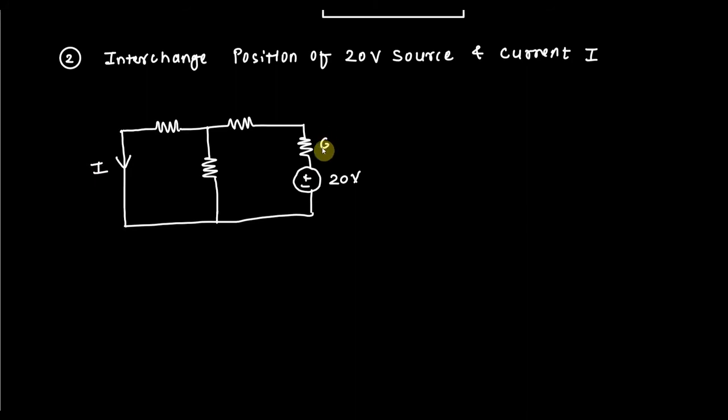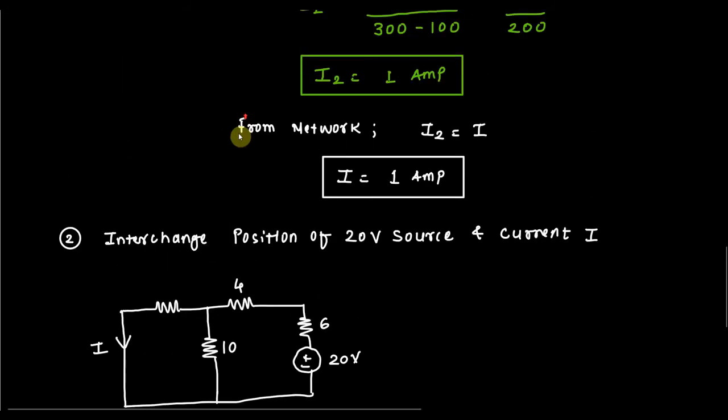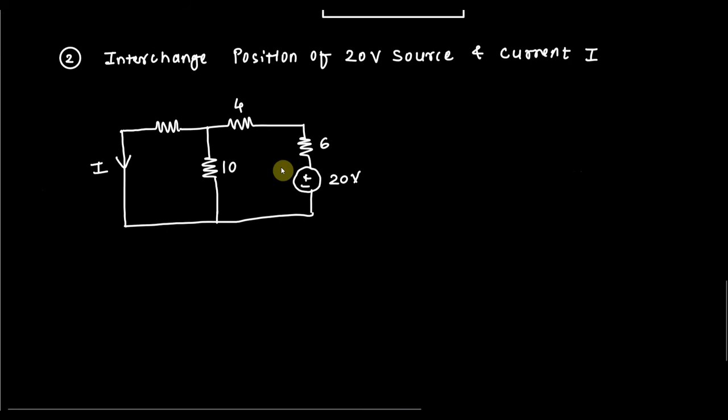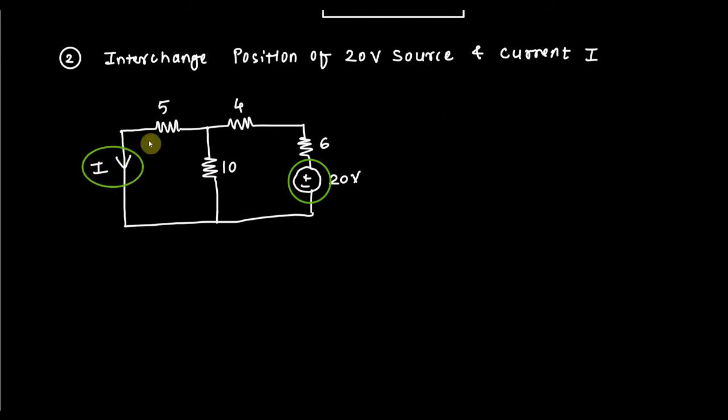Now this is 6, this is 10, I think this is 4, okay, this is 4, this is 5, right? Okay, so after interchanging the position of this 20-volt source and current, I will get this type of network where I have interchanged this 20-volt source with this current I, right?